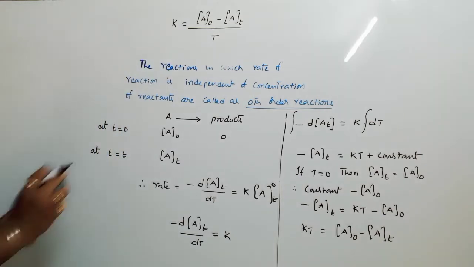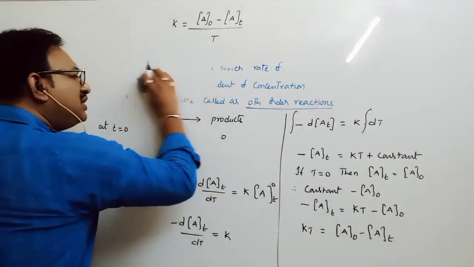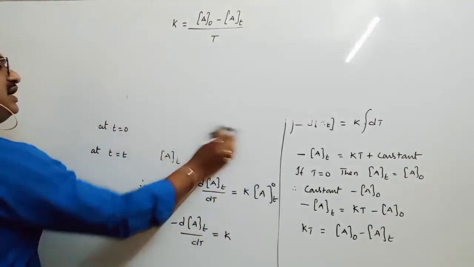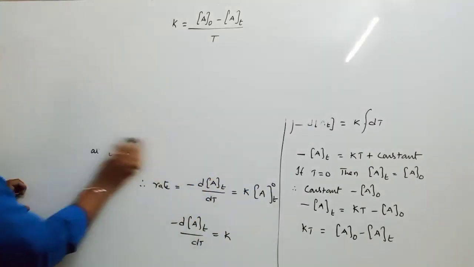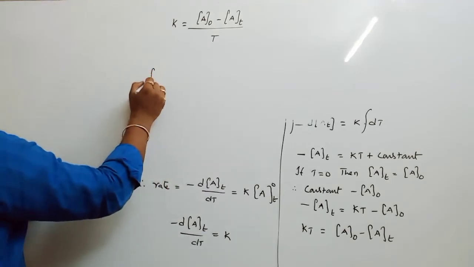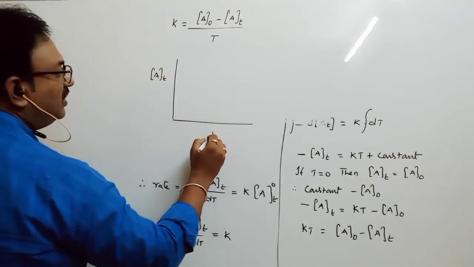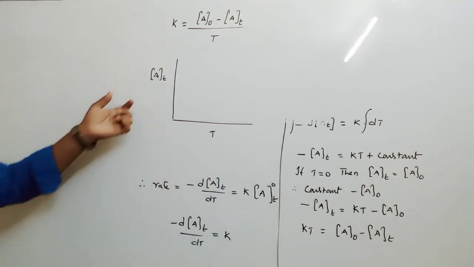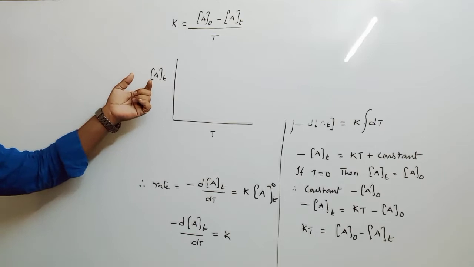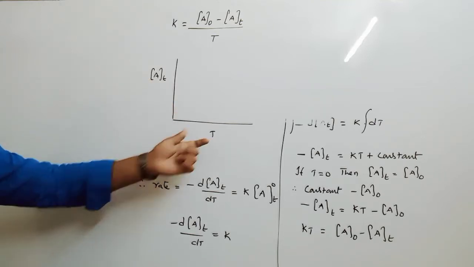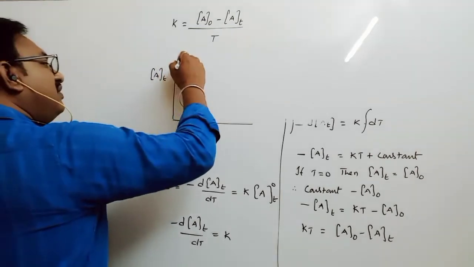Now, if you go through the graph, the graph of concentration of A at t time versus time period for zeroth order will be like this.